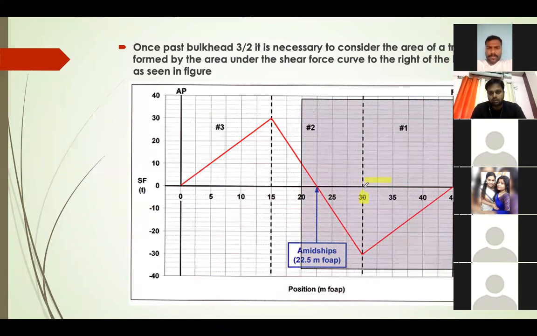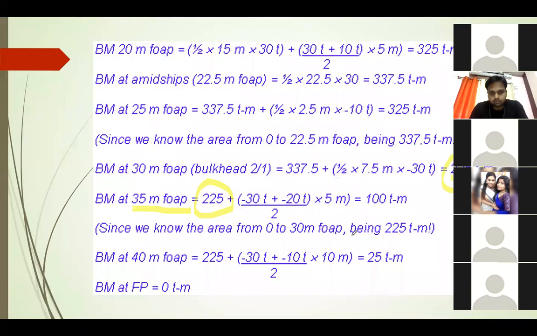But here if you see, the area which I have to calculate, from 30 to 35, is actually a trapezium. So that will be again A plus B by 2 into distance.